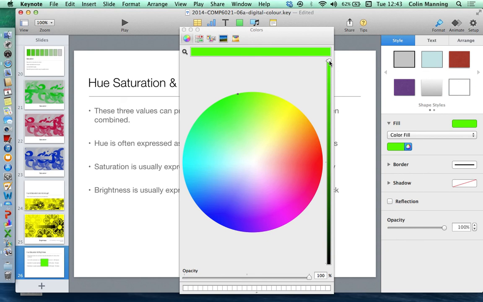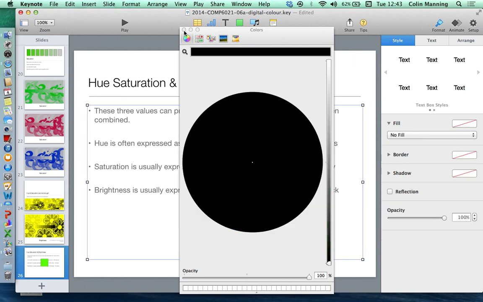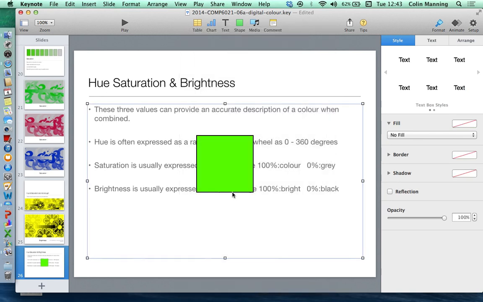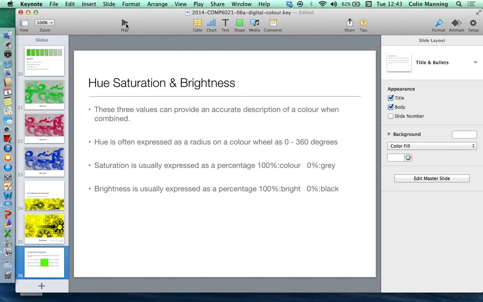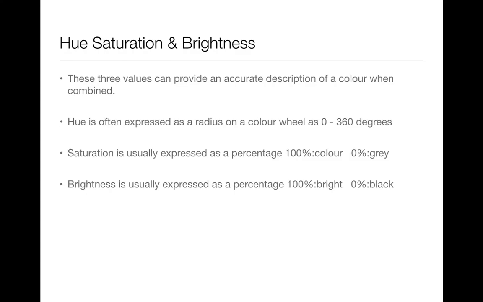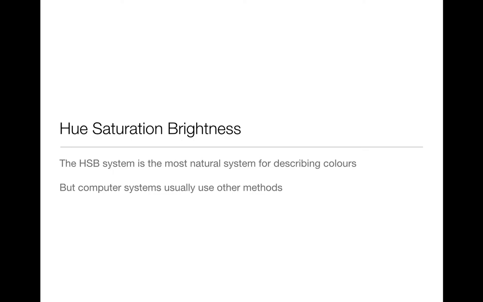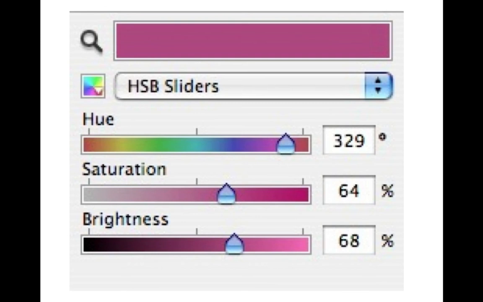So hue, saturation, and brightness gives you a way to store color numerically. Okay? You can get sliders as well. You just slide them across and see the values.